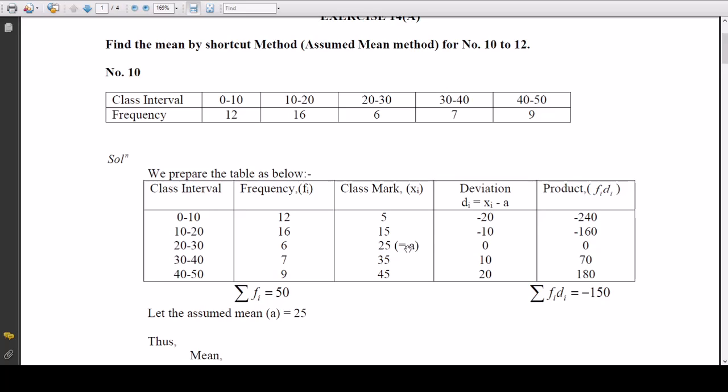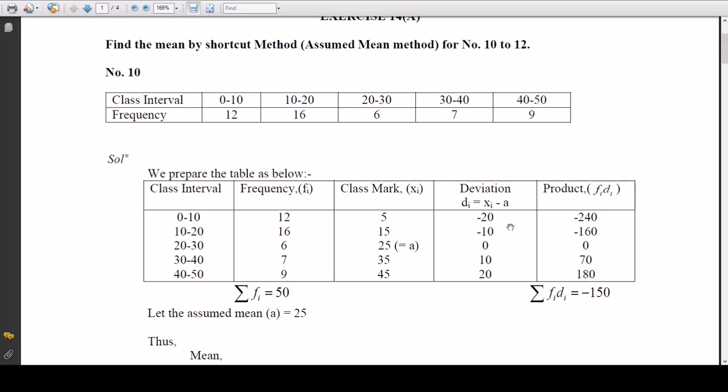Then xi is 25, and this a also we have assumed to be 25, therefore 25 minus 25 is 0. Now 35 minus 25 is 10, and 45 minus 25 you will get 20.